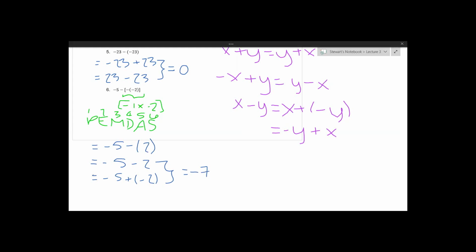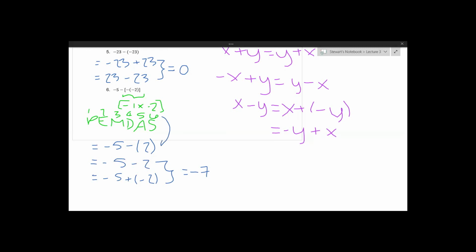Just be mindful if you see something like this where you have three operations in a row, try to work from the inside out like we did here. We took care of the innermost part first, the one in parentheses, the minus a -2, because we have negative, negative 2. That's what we're saying when we say -2 is -1 times -2, which we know is +2.